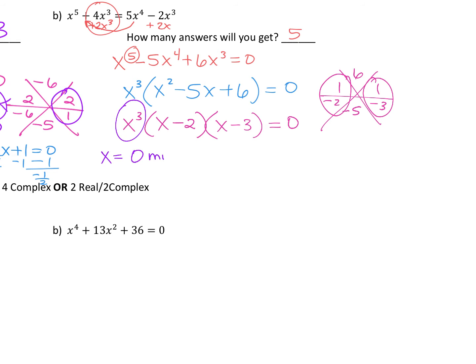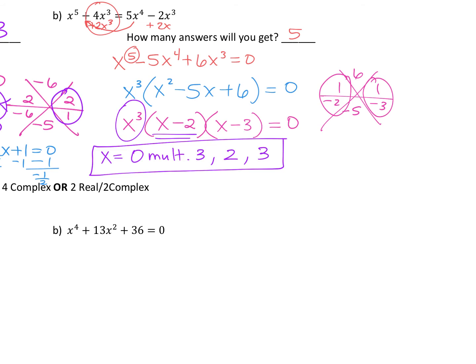So 0 with a multiplicity of 3. A positive 2, right? For this one here, x minus 2 would have to be a positive 2 to make it 0. And a positive 3. So 0 with a multiplicity of 3, 2, and 3. Questions on that? That doesn't really feel new, right? We've done that.